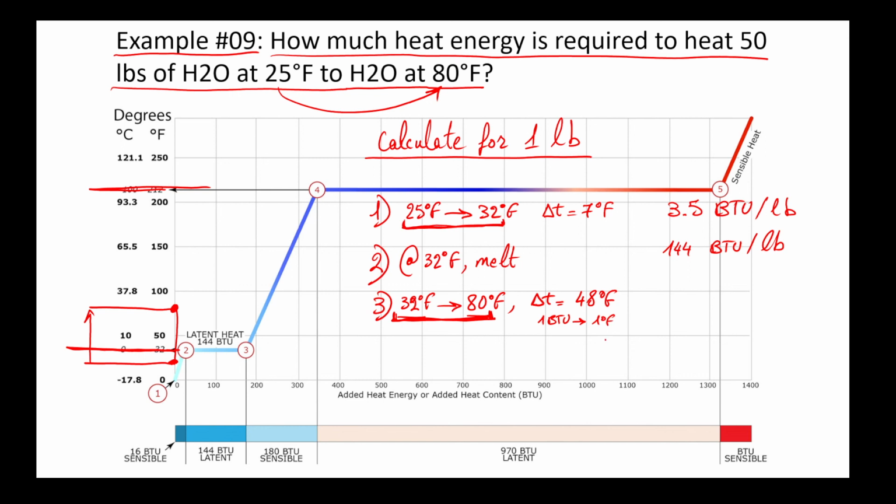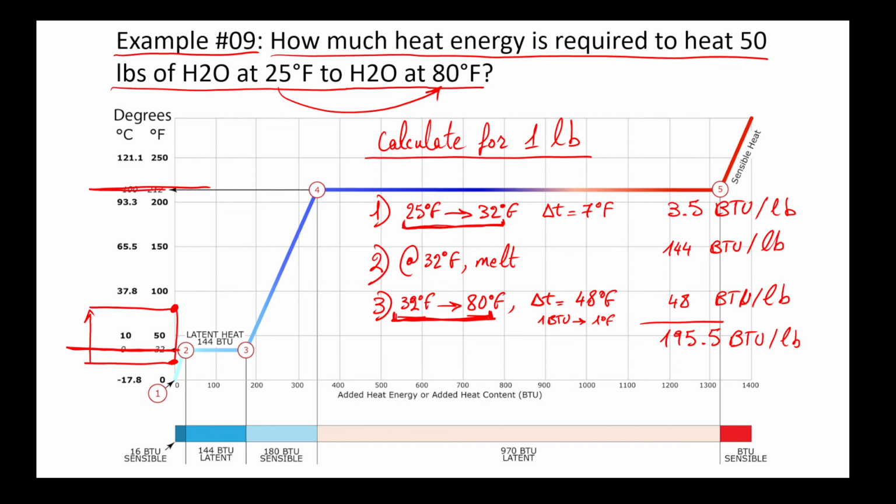So this phase requires 48 BTUs per pound. When we add all together, we get 195.5 BTUs per pound. I'm emphasizing that per pound part of it.